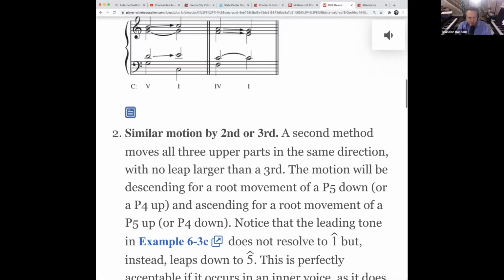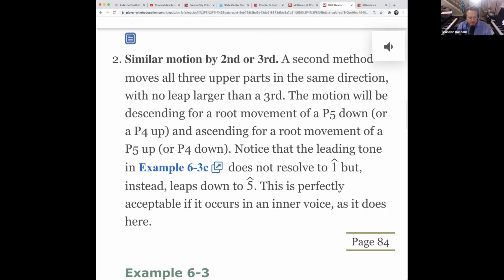Technique number 2 is called similar motion by seconds or thirds. A second method moves all 3 upper parts in the same direction with no leap larger than a third.